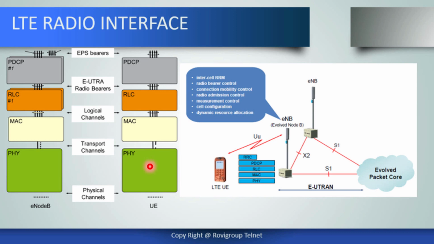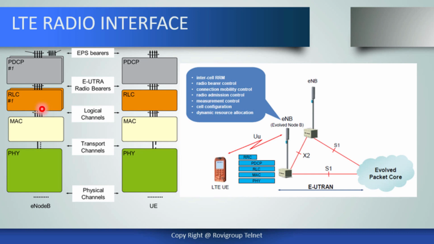At the MAC layer, at the eNode B side, the MAC layer performs HARQ and ARQ as well as the MAC multiplexing function, whereas at the UE side, hybrid ARQ and MAC demultiplexing is performed.